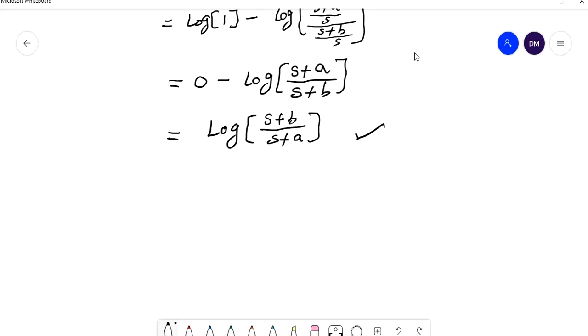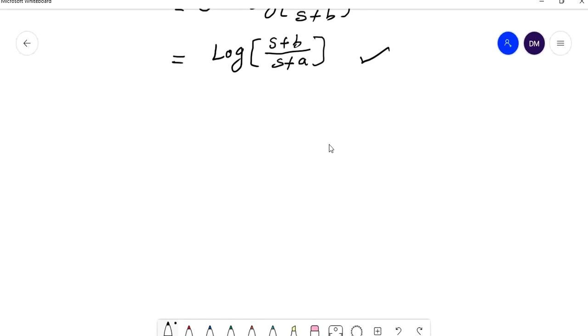Now, what is the third problem of the division by t property?